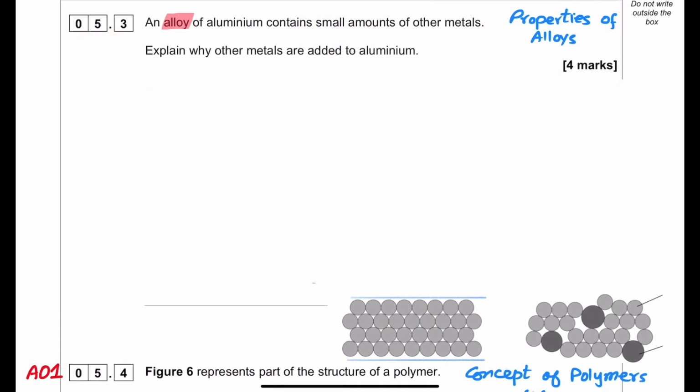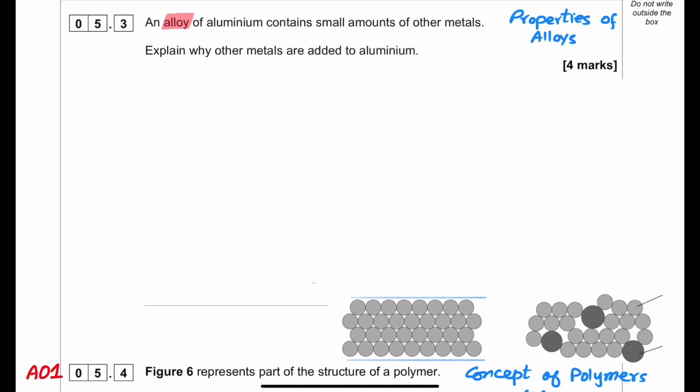5.3. An alloy of aluminium contains small amounts of other metals. Explain why other metals are added to aluminium. We will use this figure as a reference figure. We can see that in the pure metals, the particles of the metals are closely packed to each other. On applying force, they can slide over each other.